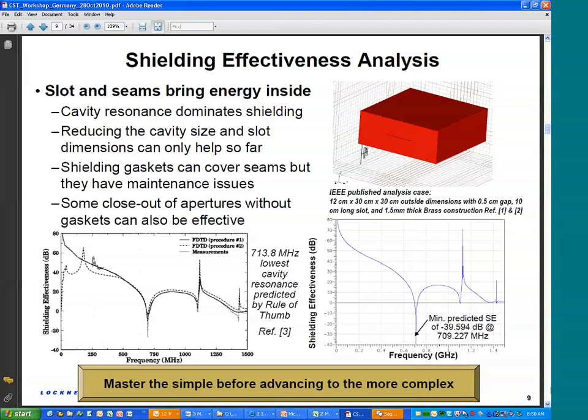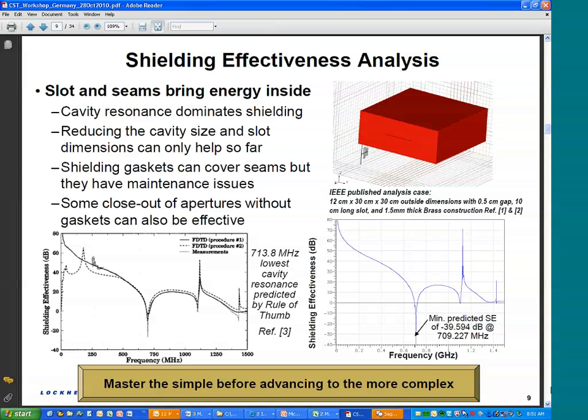Actually try to understand how to use the tools. Here's an example in an IEEE paper, and here's a particular cavity, a slot with certain features, and let me see if I can analyze that. Let me get that conquered first.